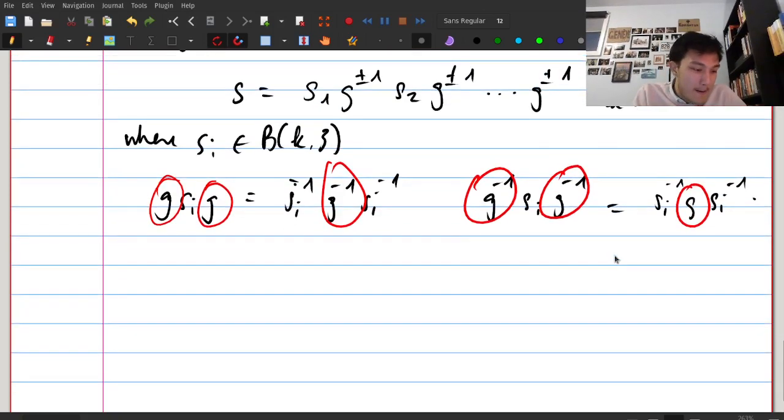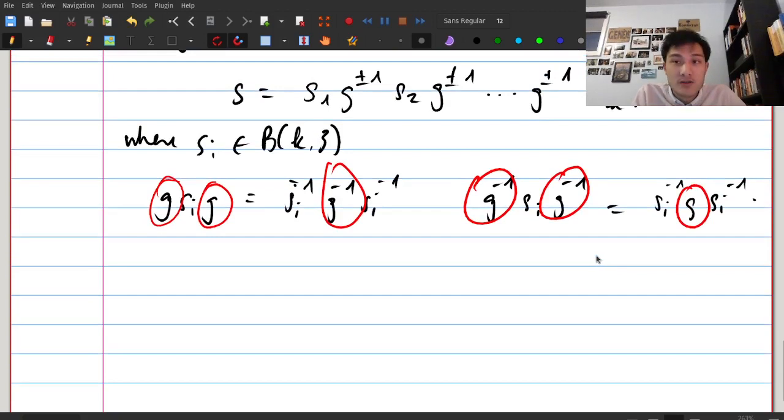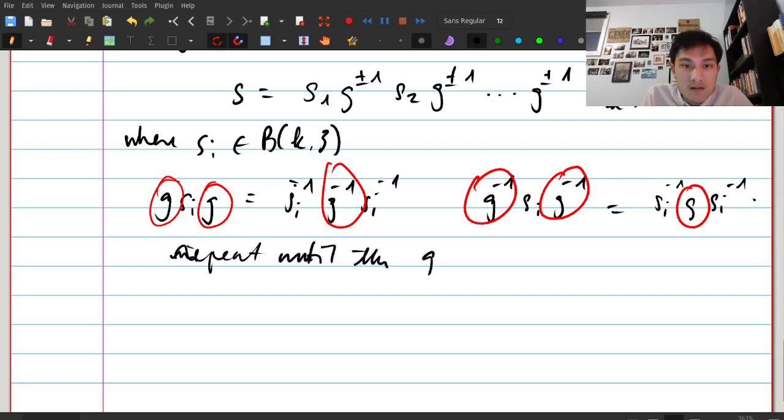So we reduce all of them to the case where they alternate in sign. If they have the same sign side by side, we repeat this process until the g's are all alternating in sign. So repeat until the g^(±1) alternate in sign.